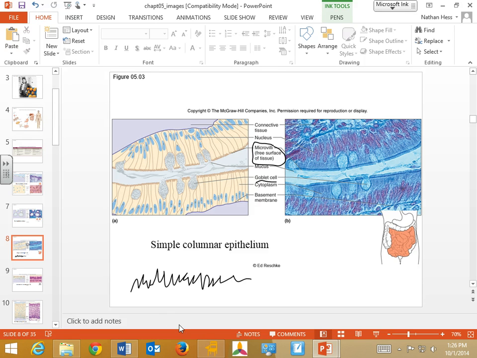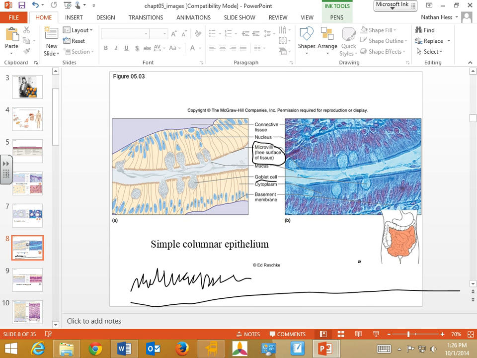Okay? So it has this rough pattern to it. And I'm a terrible drawer, so I apologize for that. But what this does, friends, if I took this and stretched it out straight, it would be this big, huge, long thing, right? It increases the surface area. What's the main function of the small intestine? Do you remember? Maybe we never talked about this.